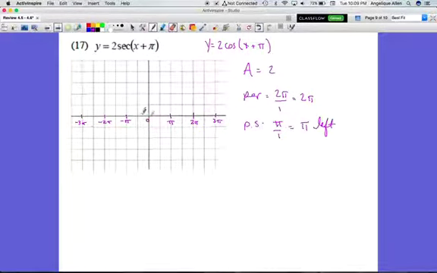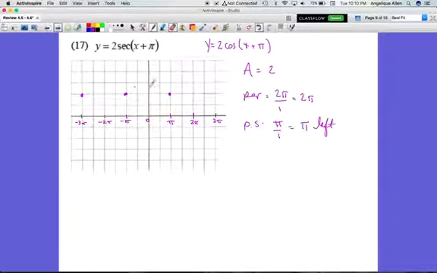And then normally I would start cosine on the y-axis up at 2, but this is shifted left pi, so instead of starting on the y-axis, I'm going to go left to negative pi in this case. That's where my new period starts. Well, 2 pi is 4 boxes, so I'm going to go 4 boxes to the right and draw the end of my first period I'm drawing, and then 4 boxes to the left gives me another period.